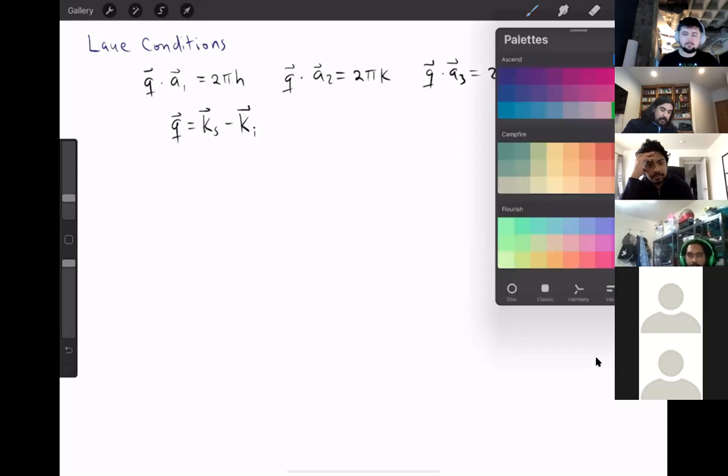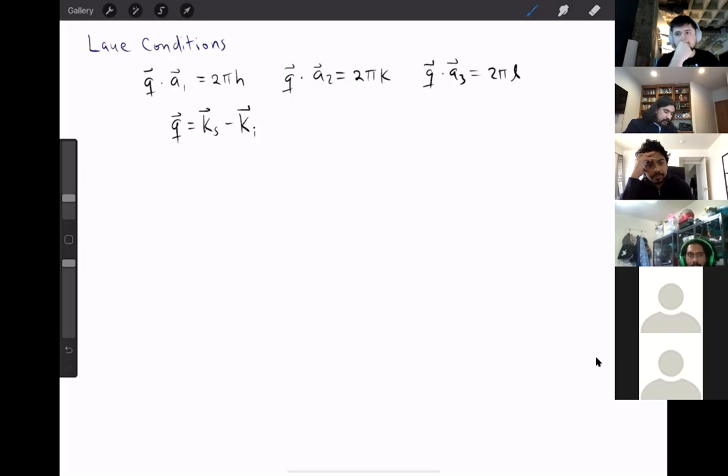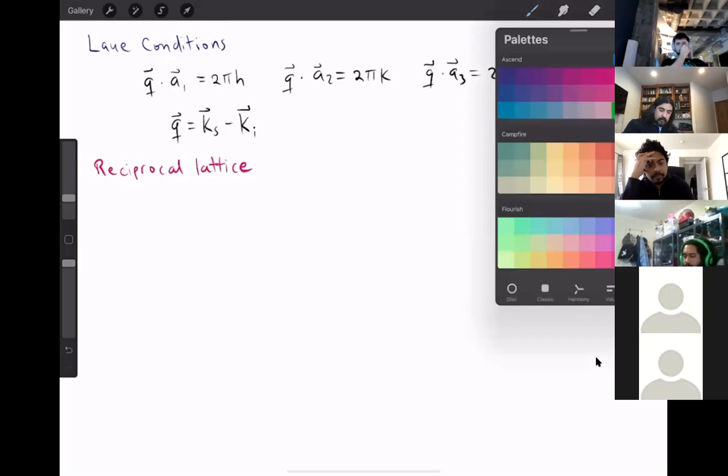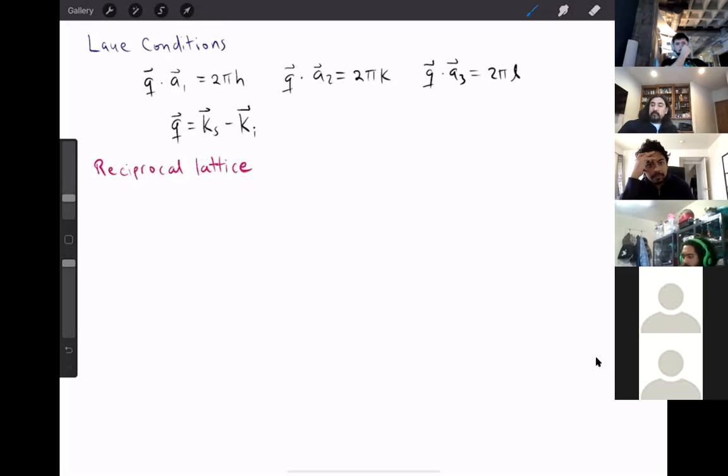So then at this point, let's go back to the reciprocal lattice. Can I ask a quick question before? Yeah, go ahead. So I'm trying to make sense of this. I see that Q would have to be optimized with A1, A2, A3 if we were shooting the X-rays in any direction.